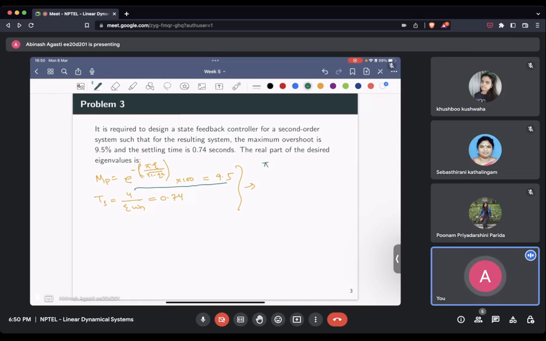I have pi zeta by root of 1 minus zeta square is equal to minus ln 0.095. Clear?